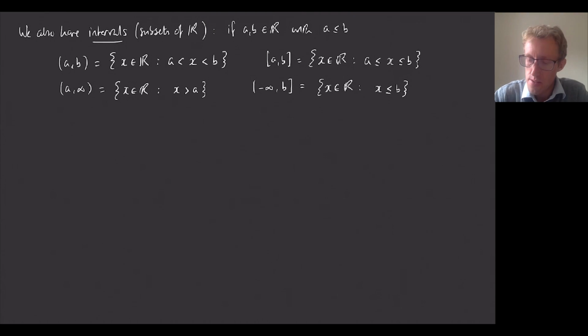The elements of a set could themselves be sets, and an important example of that is something called the power set. So let me give you a definition of that.